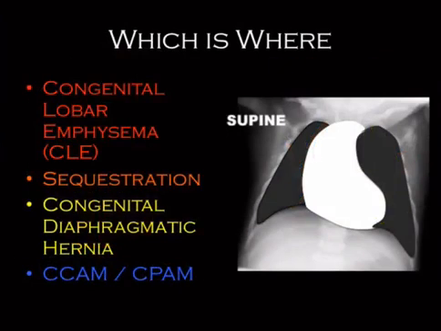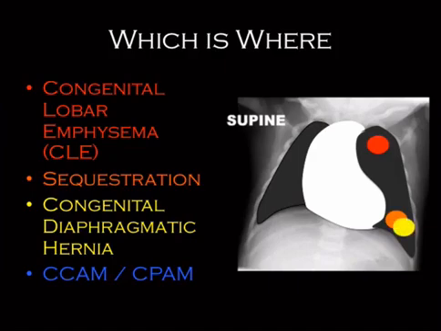Now let's talk about a strategy that I use also for distinguishing between these things, which is where it is located. I think this is helpful. So congenital lobar emphysema likes the upper lobe, sequestration, and of course diaphragmatic hernias like the left lower lobe.